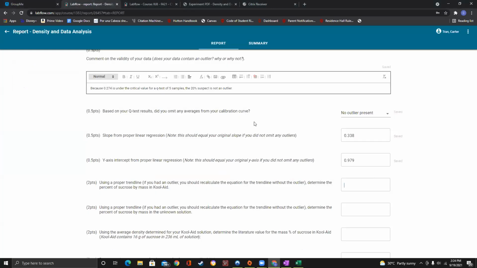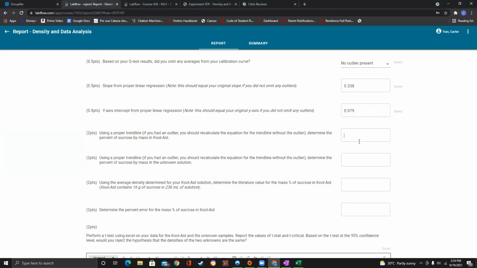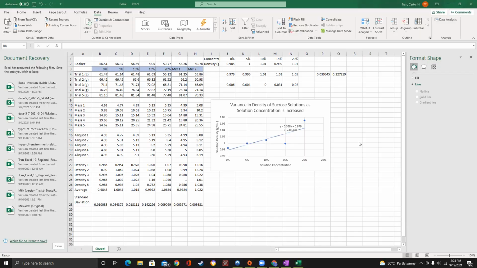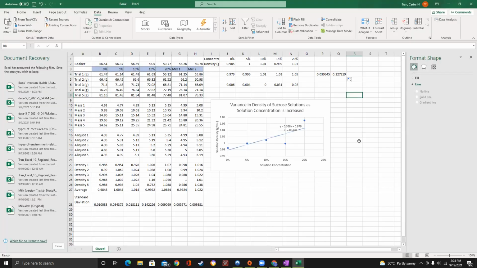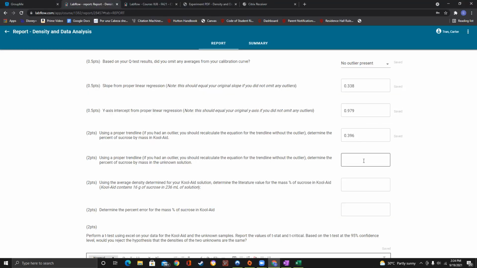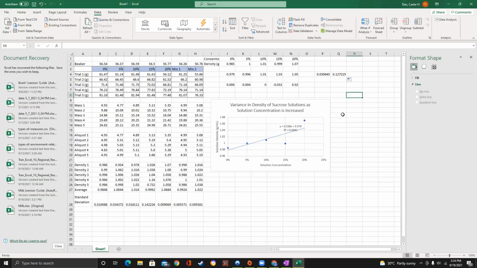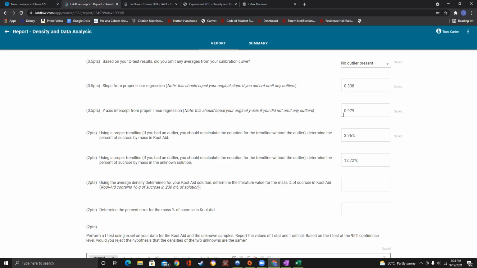And we can go back to LabFlow, where this is going to be 0.36. Then our unknown is going to be 0.12, so 12.72%.